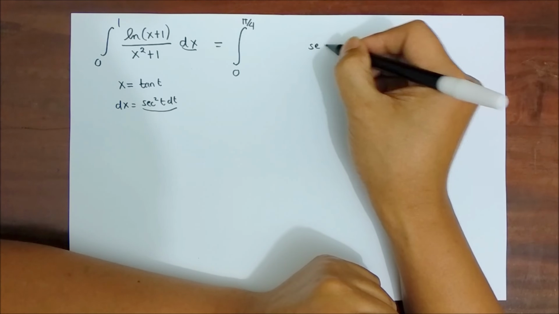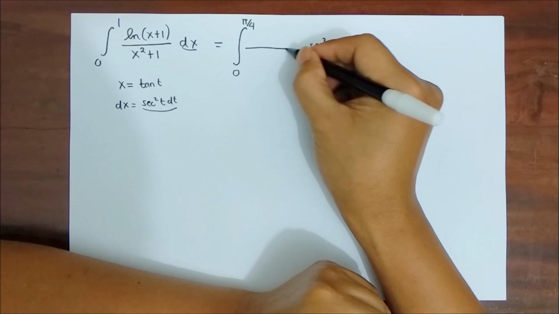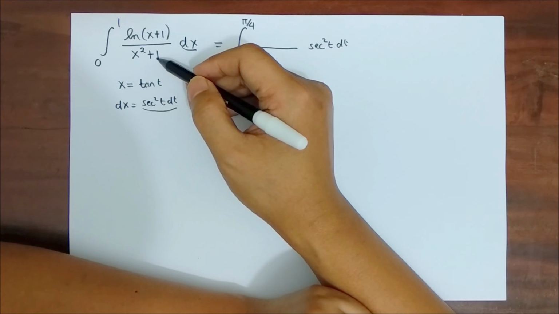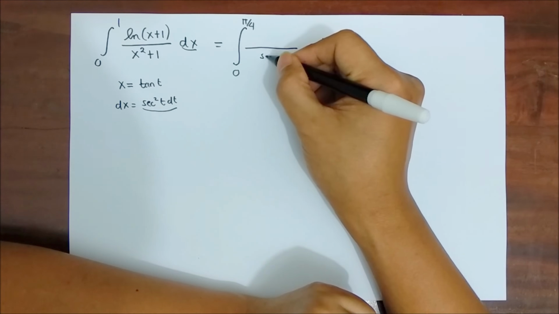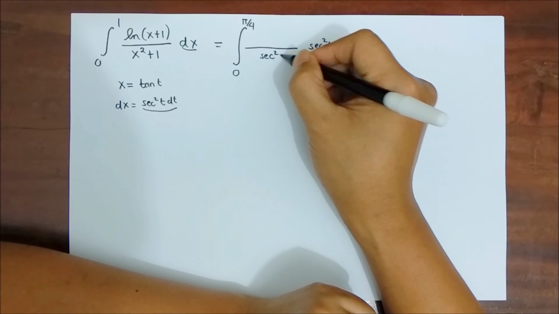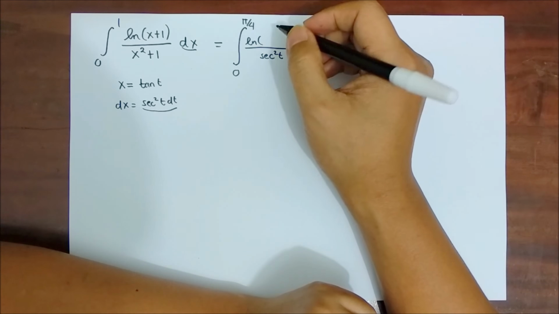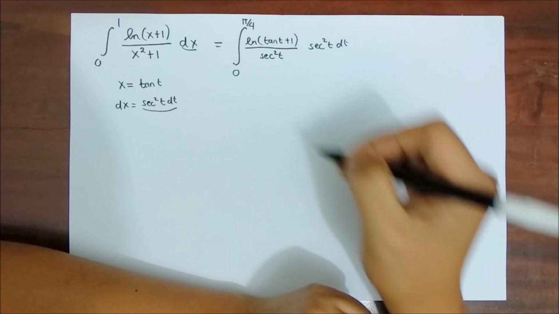Then we replace dx by secant squared t dt. So we have secant squared t dt on the top, and on the bottom we have tangent squared plus 1, which I mentioned earlier is exactly secant squared. On the top we have ln(tan t + 1).